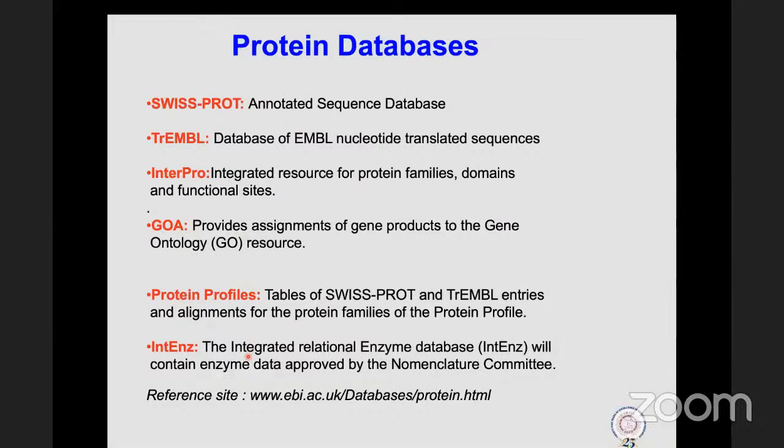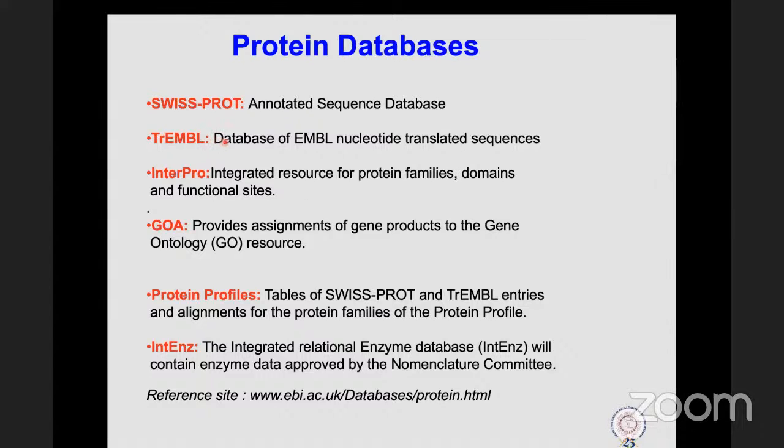databases like SwissProt, TrEMBL, InterPro, GO, protein profiling. These are the various databases related to protein. InterPro is basically a database where, if XYZ protein contains 2 or 3 domains, it tells you that these domains perform this function.